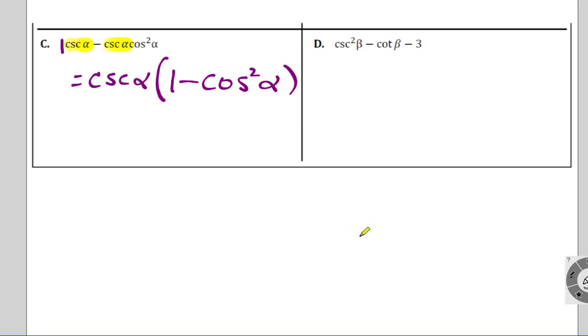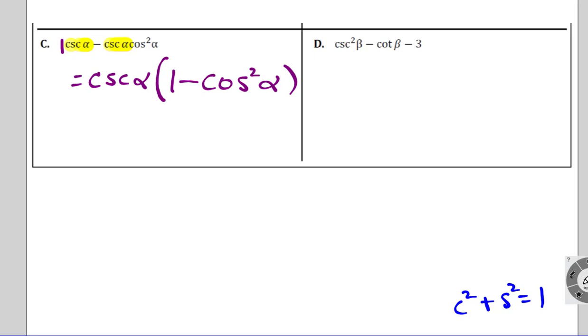Okay, so we factored it out. Right, then I see that square there, cosine squared alpha. So if I need to, I can do a quick check. What I should know is that cosine squared plus sine squared equals 1.